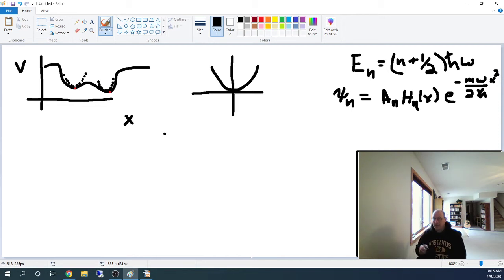As an approximation tool, the harmonic oscillator potential is awesome, because anywhere I have a bound state where an electron is in a particular minimum of its potential energy, it's going to act like a harmonic oscillator.